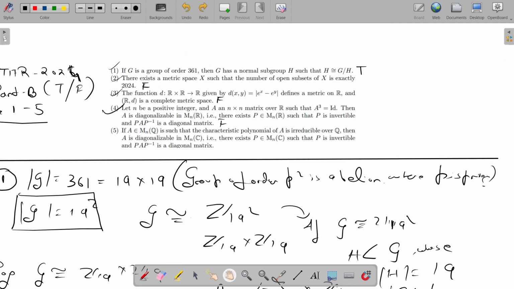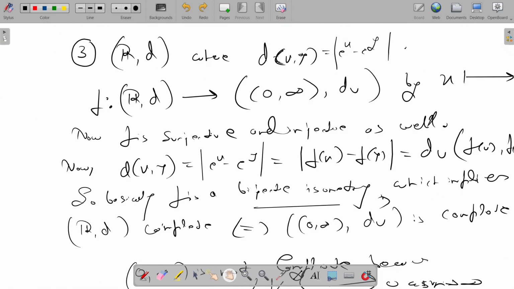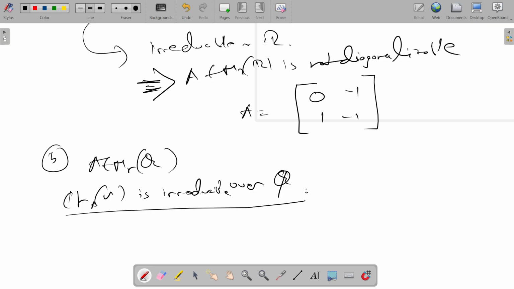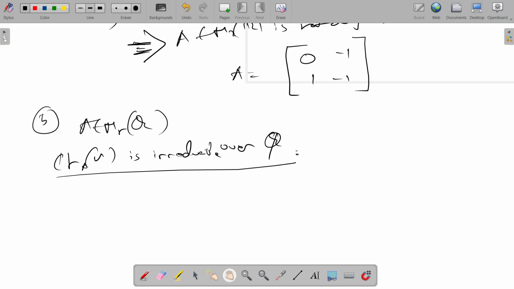The characteristic polynomial of A is irreducible over Q. Now they are asking whether A is diagonalizable over C, the field C. Since this is irreducible over Q, the minimal polynomial will divide this characteristic polynomial.